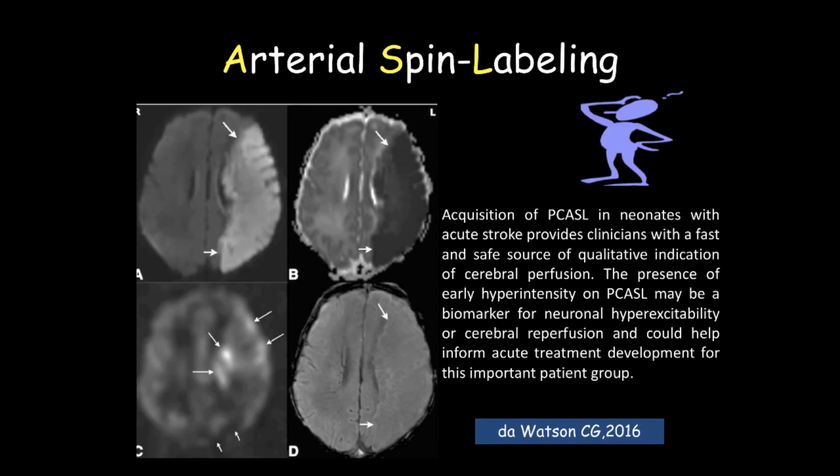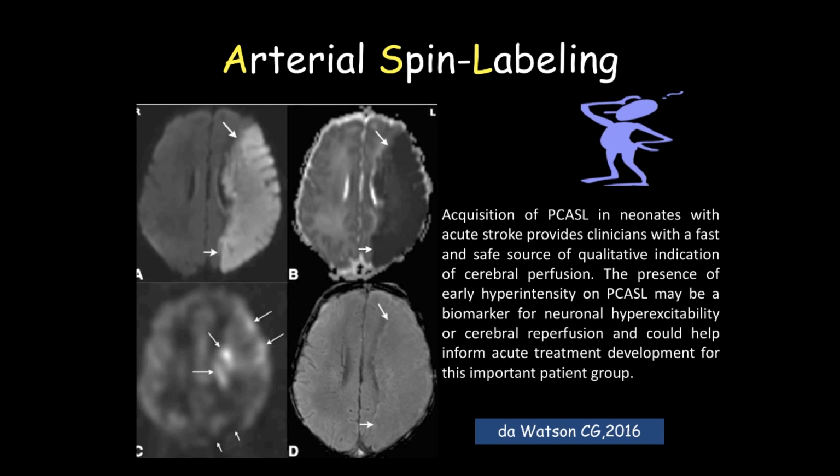Arterial spin labeling is a very well-known technique. There are various kinds of arterial spin labeling. This is PCASL, also called pseudo-continuous arterial spin labeling, which is related to the way in which we give the pulse, in which we allow the marking of the spins.